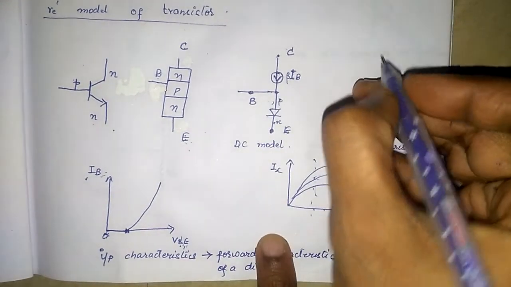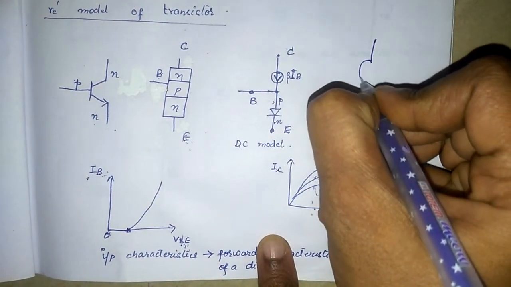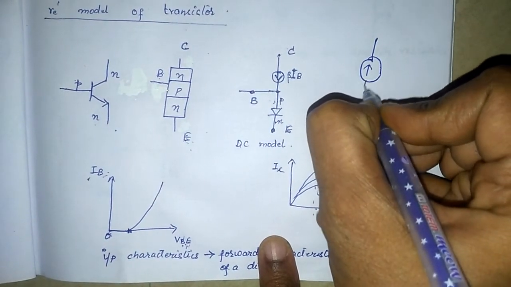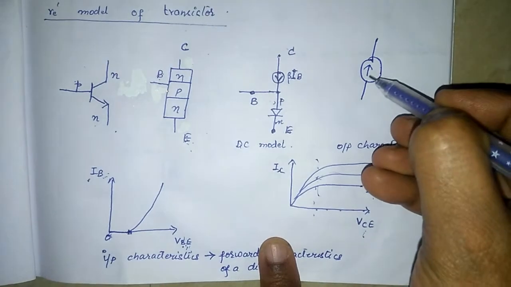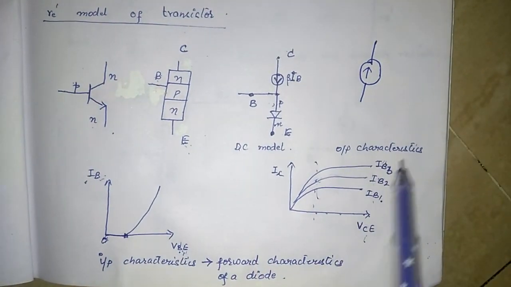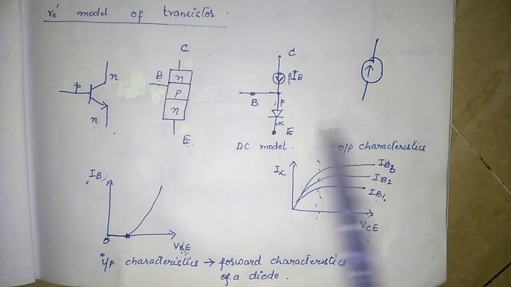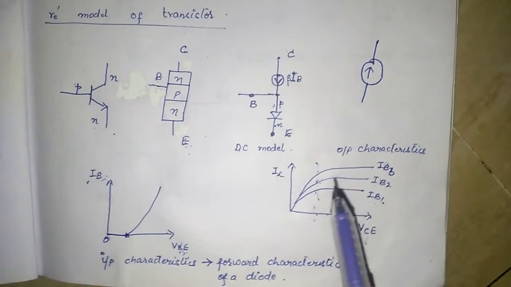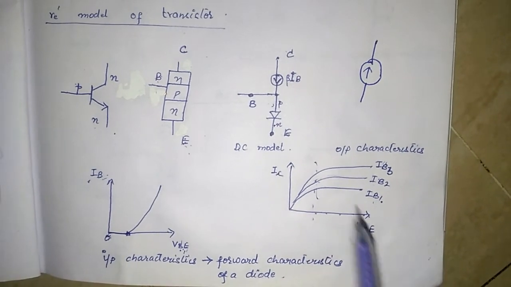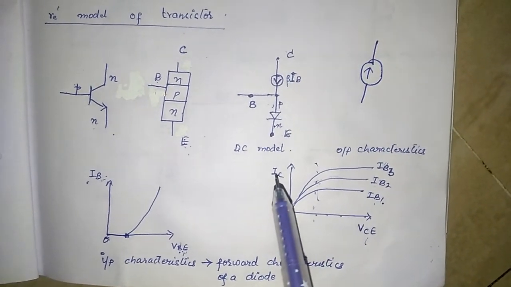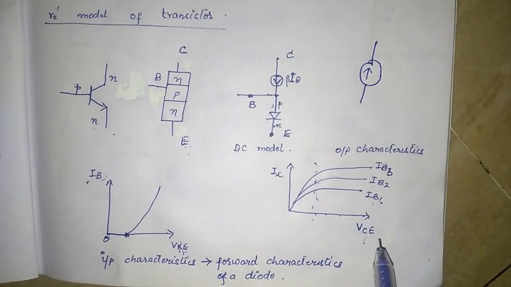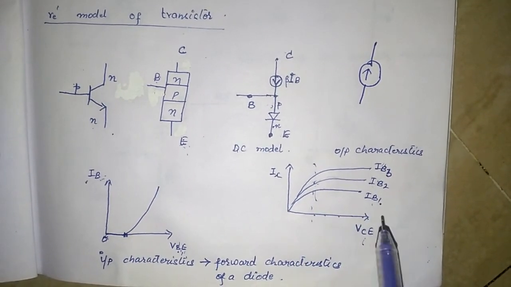Now let us see the importance of this. You all know how a constant current source is represented: a circle with an arrow mark. The arrow indicates the direction of conventional current. Now look at this characteristics. This is the output characteristics of a BJT, a graph between the output current IC and output voltage VCE. What do you observe?